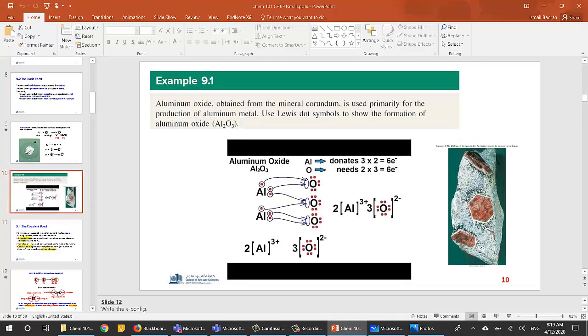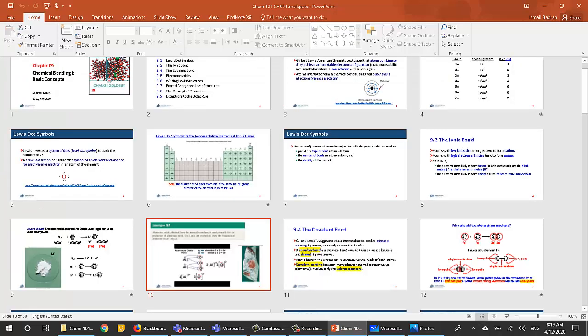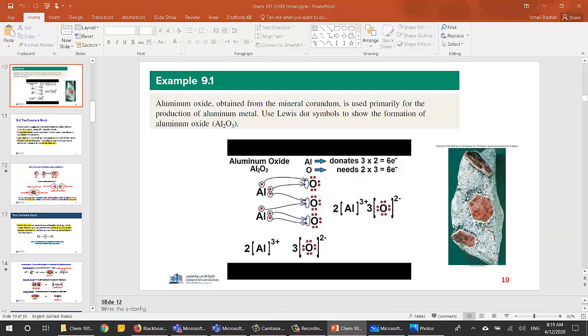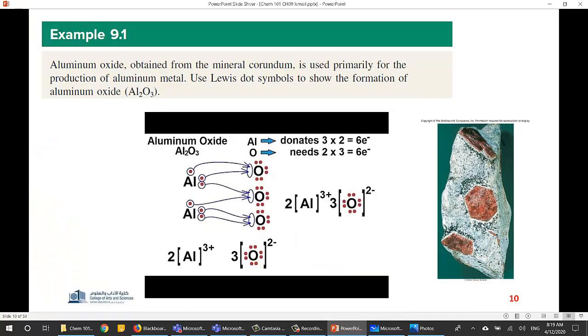Now, another example of the ionic bond is Al2O3, aluminum oxide. We said why it's Al2O3, why it's not AlO2, for example, or AlO4.